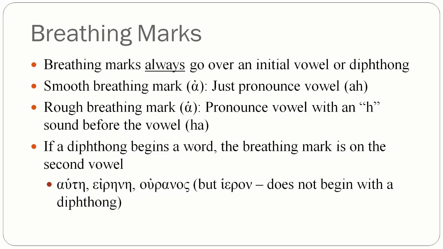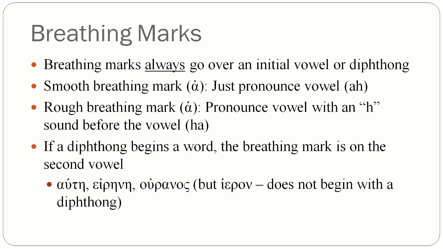Now the next one is what's called the rough breathing mark, and if you look closely, this one just opens the opposite way. If it's an open mouth, the mouth is opening to the right with the rough breathing mark. It's kind of an inverted or mirror image of the smooth breathing mark.